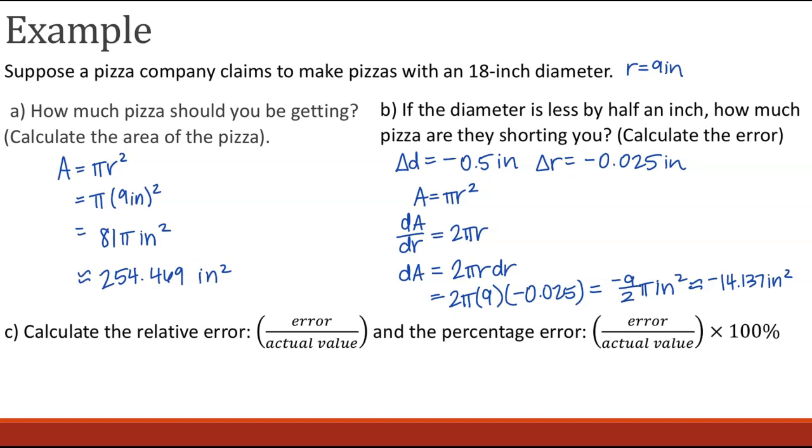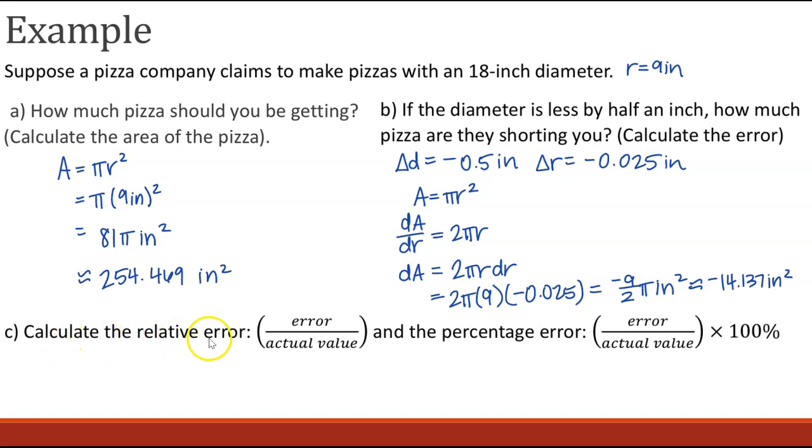So error doesn't really mean as much unless it's in the context of what we're actually getting. If we're talking about being off by a centimeter when we're measuring the length of a football field, that's not really a big deal. But if we're off by a centimeter when actually creating the football, which is a lot smaller, that's a bigger deal.